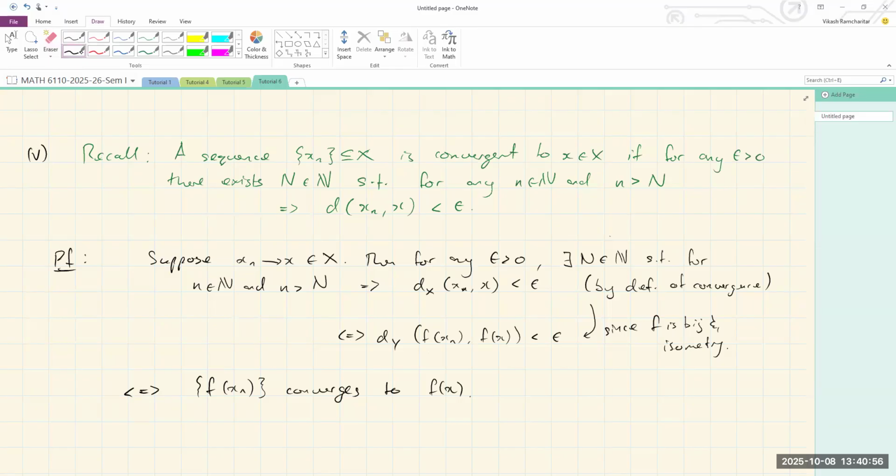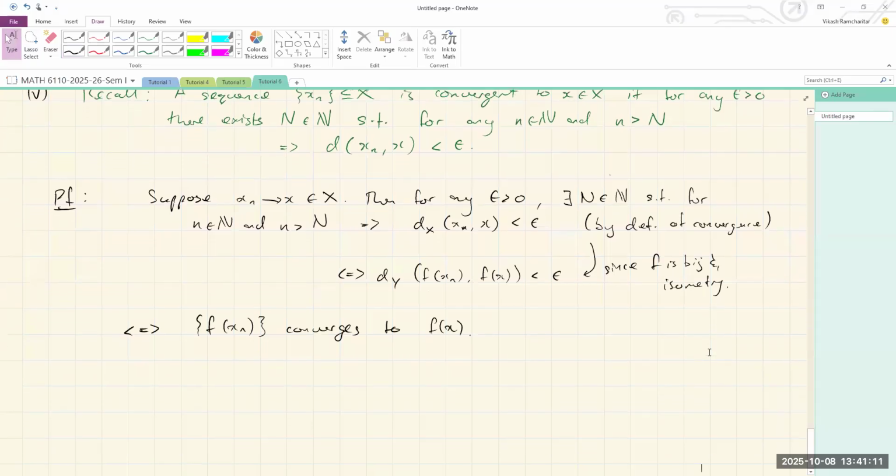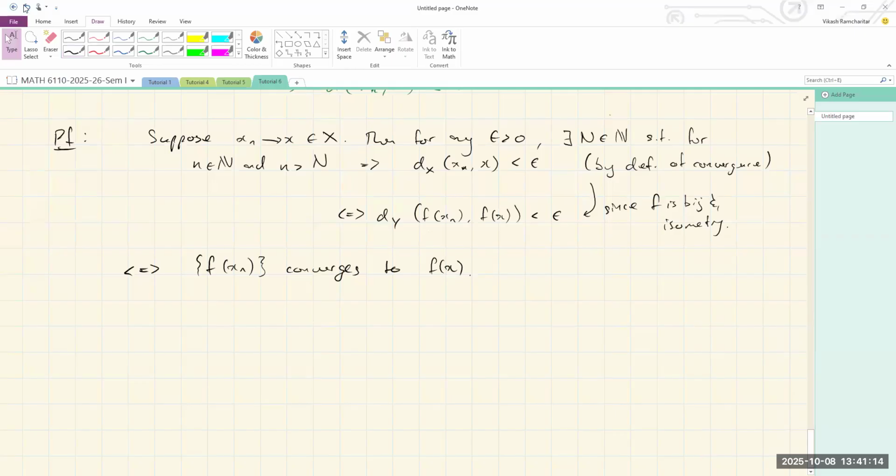You could go both directions. So f takes convergent sequences to convergent sequences. But let's actually write it out for the next part, because it isn't so clear why you could go backwards for some of it. So let's actually do the converse part.